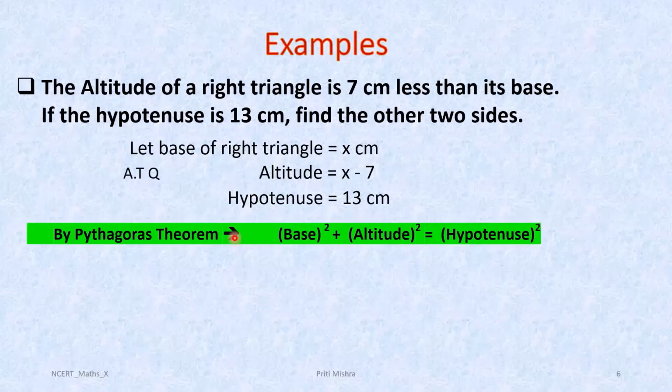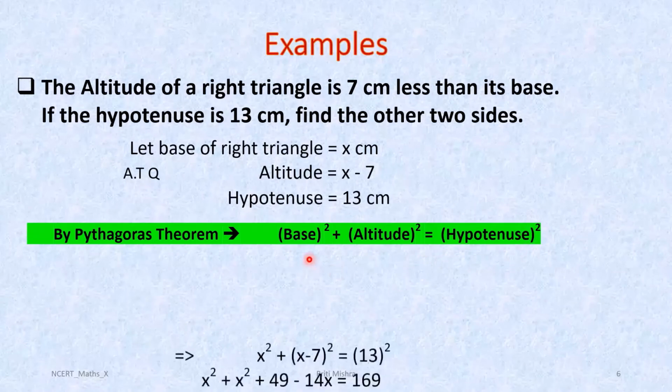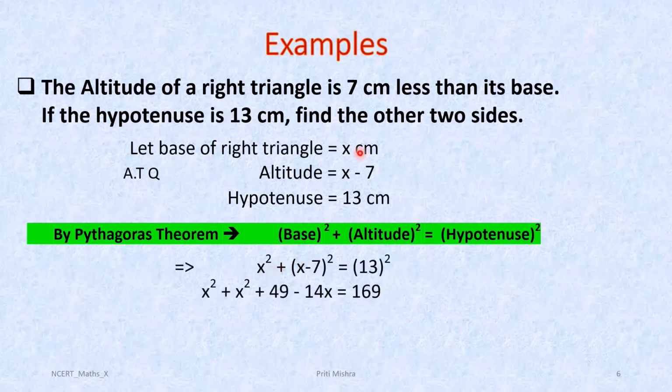Pythagoras theorem says base square plus altitude square is equal to hypotenuse square. So we can write x square plus x minus 7 whole square is equal to 13 square. We have put all the values in place of base, altitude and hypotenuse. Then it is x square, x minus 7 whole square.